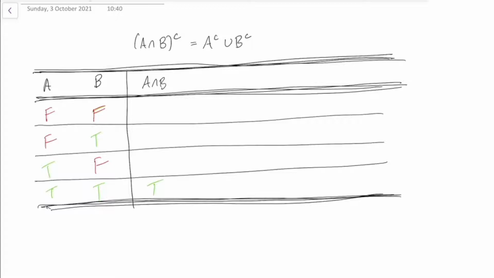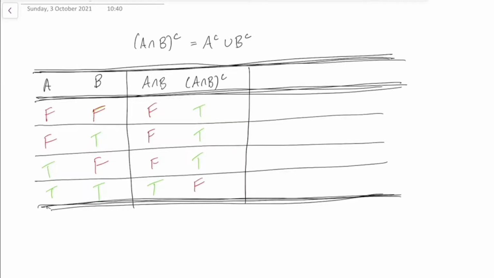If either one of A and B is false, then A and B is false. Okay, but that's not actually what we wanted. What we wanted is A and B complement. And so that's just the opposite of A and B. So I can take the third column and write down the opposite thing. The false becomes a true, the false becomes a true, the false becomes a true, and the true becomes a false. So that's the truth column for A and B complement.